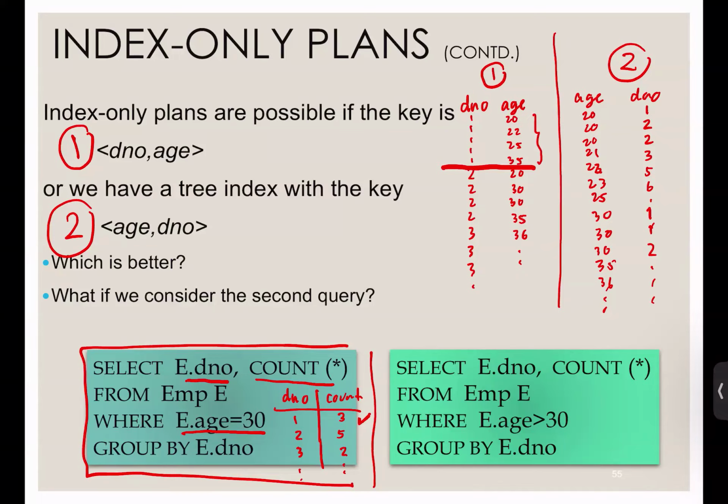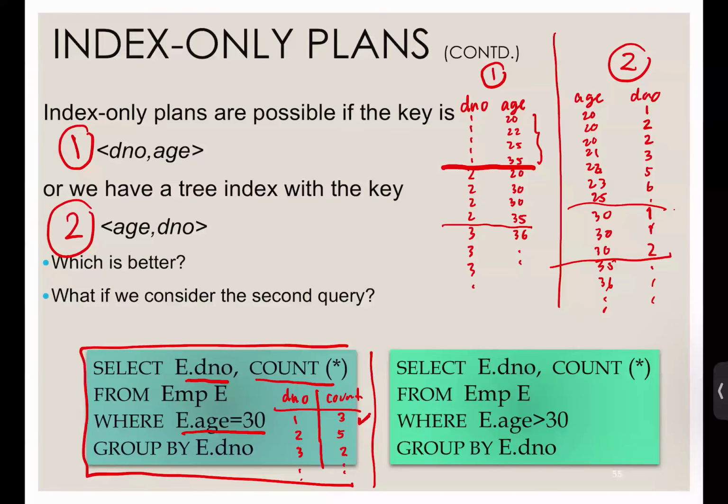So I can go directly to age 30 and then count. And then I move on to DNO number 2, and then I go to age 30 and count, right? Okay, not bad. But if you think about option 2, I just go to age 30 right there.